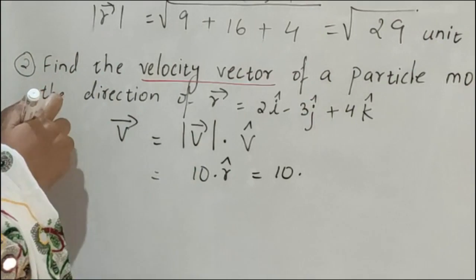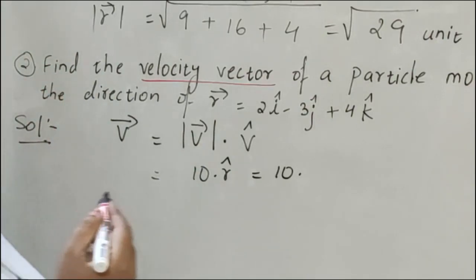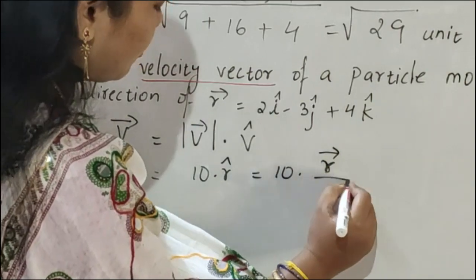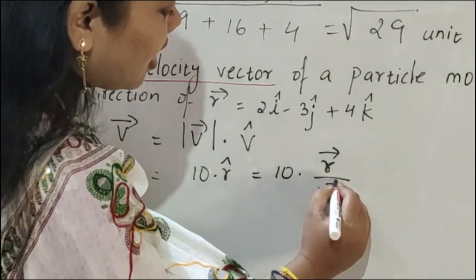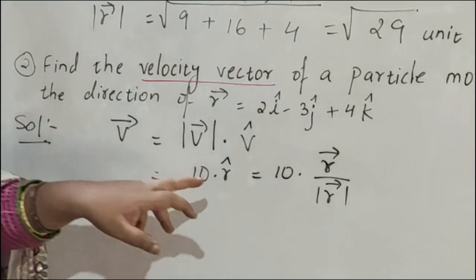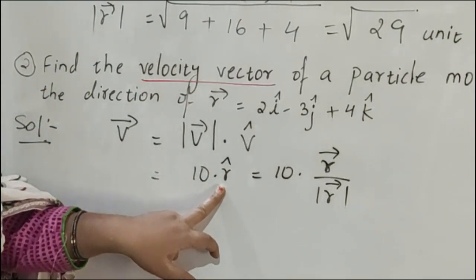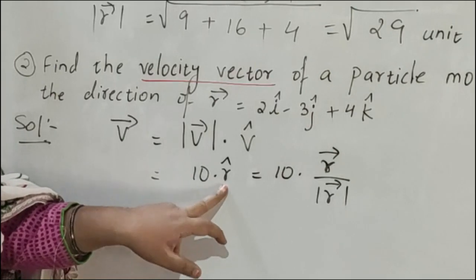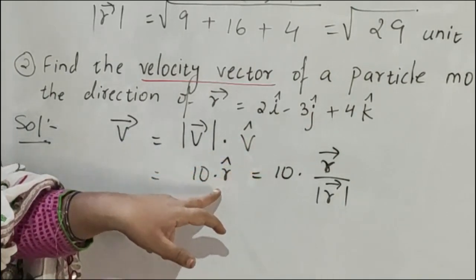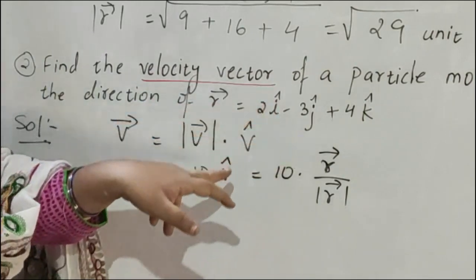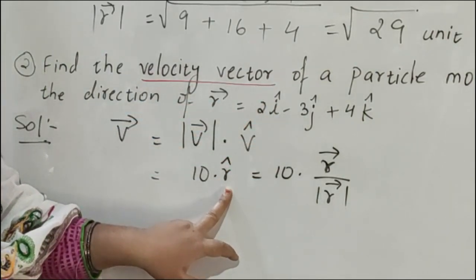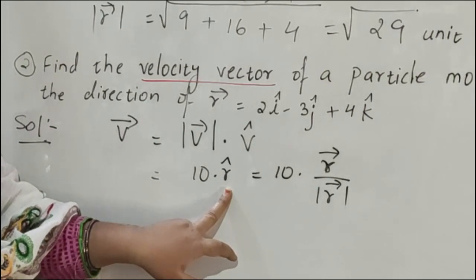R cap value will be what? R vector by magnitude of r vector. Yes or no? Unit vector r cap means r is what? Unit vector. What is the direction of this particle? In the direction of r vector. So how to write the direction? Direction is given by unit vector.